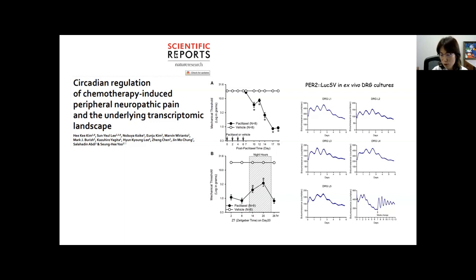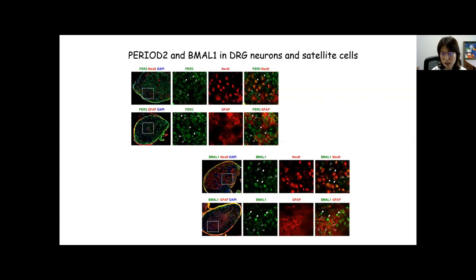Then we used the Per2-Luc mouse model, took out the DRG neurons, cultured them, and monitored the circadian rhythm. There was not much difference between the L1 to L5 DRG circadian rhythms. At the end of 7 days, when we gave a media change, they resynchronized and showed robust circadian rhythm again. So we showed the peripheral neuron DRG has a good circadian rhythm.